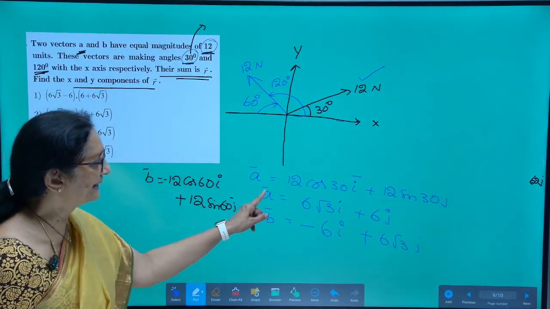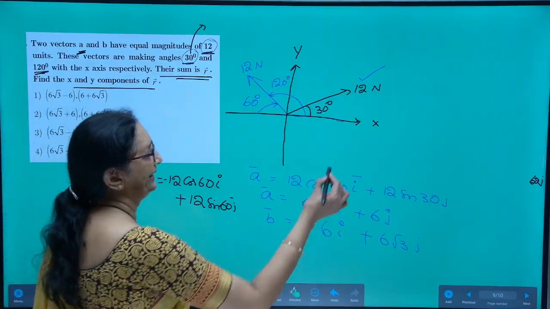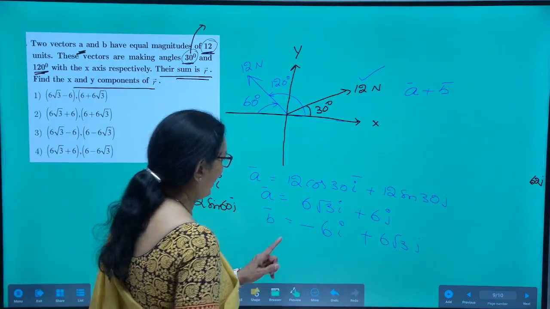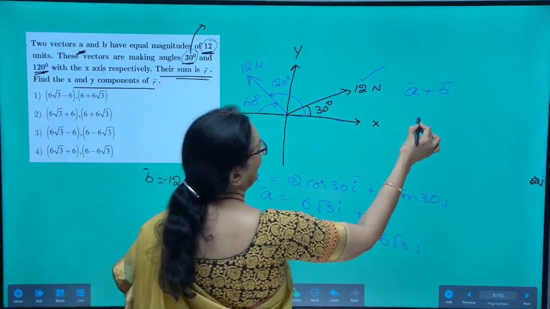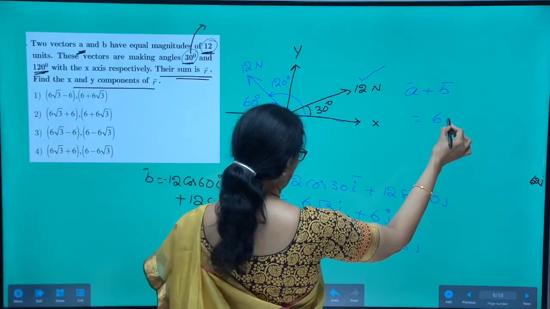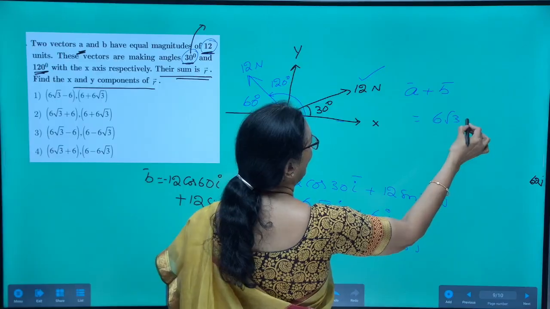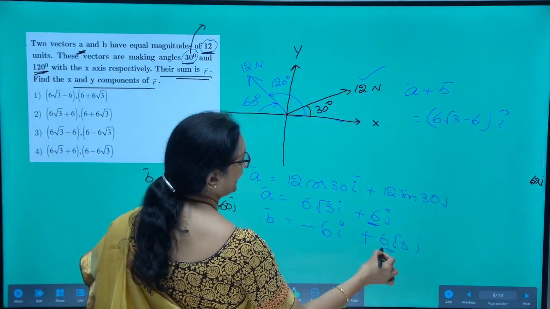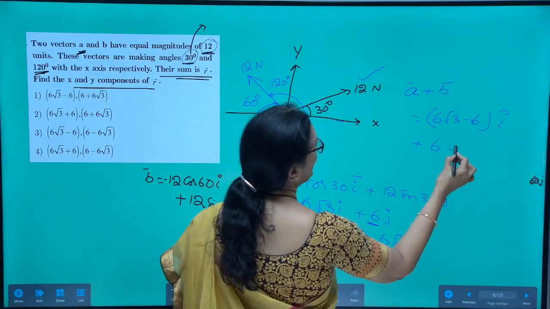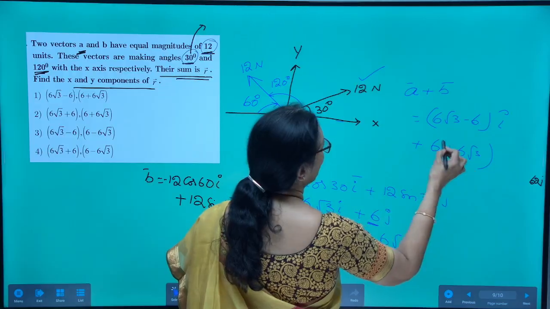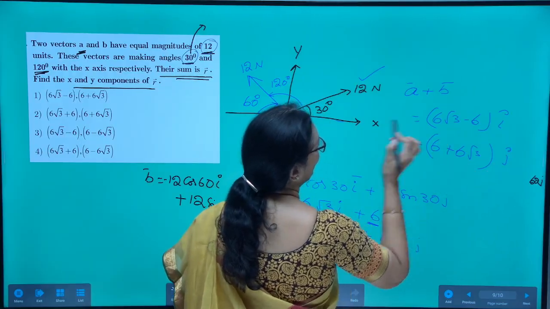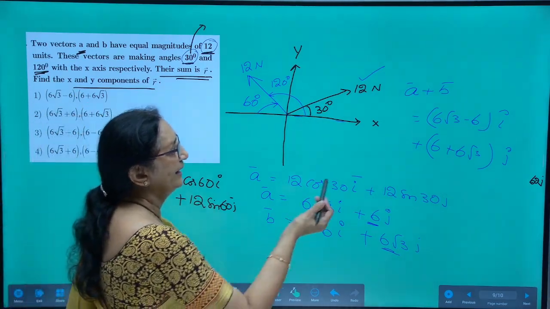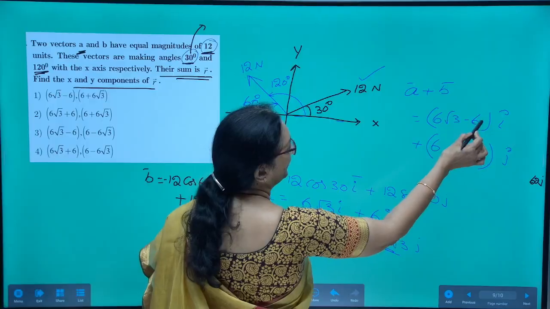So, the resultant of these two is A bar plus B bar. That is equal to, look here, 6 root 3 minus 6 I bar, plus 6 plus 6 root 3 j bar. That is the resultant. Here in this problem, we are asked to find out x and y components.